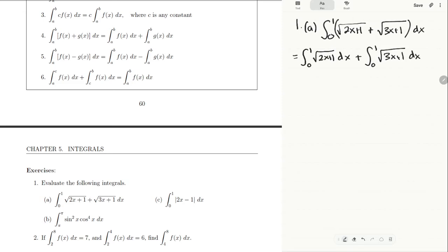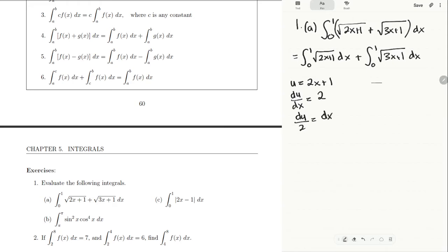So now we can evaluate each integral separately, and we will use a u substitution. So in the left integral, if we let u be 2x plus 1, then du over dx is going to be equal to 2. So then du over 2 is equal to dx.